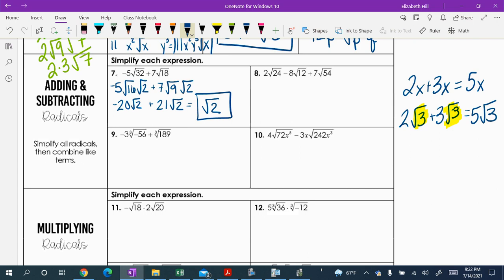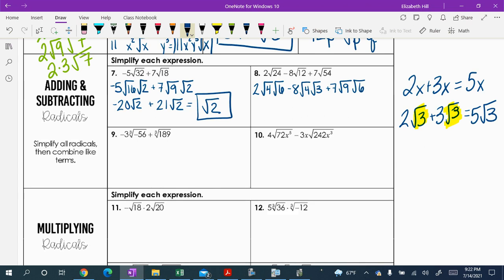Taking a look at number 8, again, as is, I can't do anything with it. I've got the 24, 12, and 54. But if we break all of these down, 24 we can do as 4 and 6, so square root of 4 times the square root of 6. Square root of 12, we can do the square root of 4 times the square root of 3. And square root of 54, we can do square root of 9 times square root of 6.